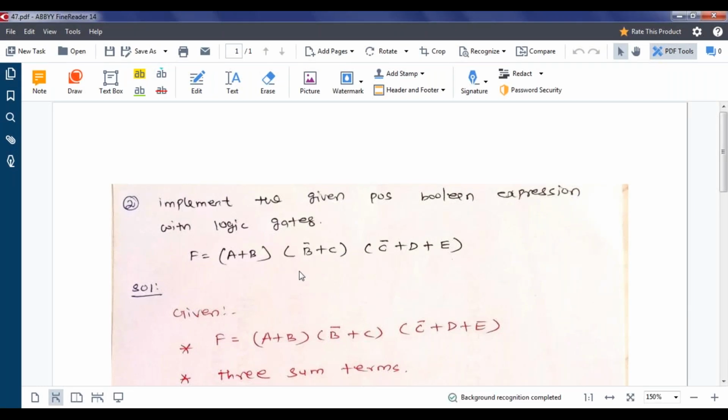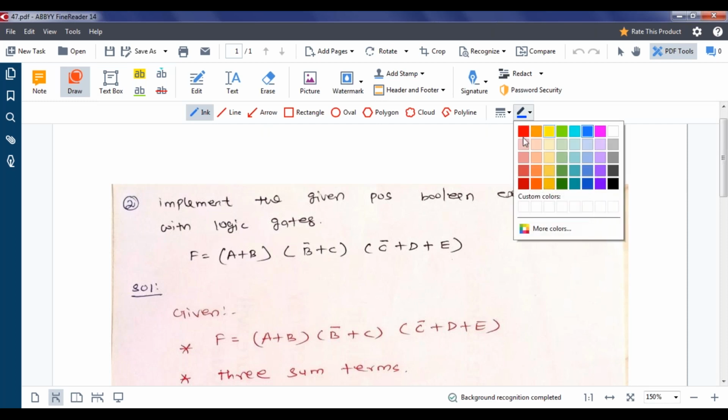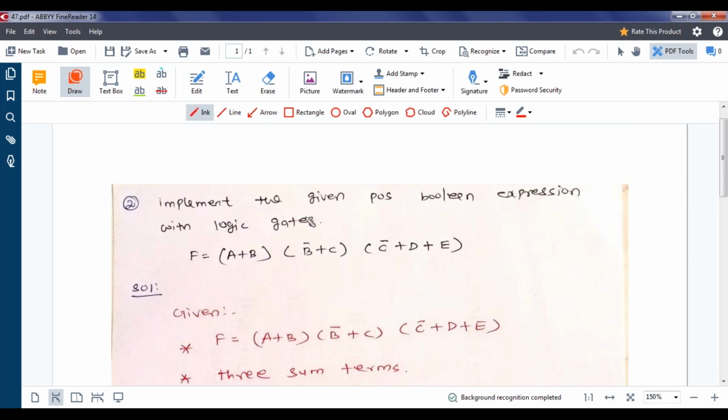Okay, take the next problem. Implement the given POS Boolean expression with the logic gates. Capital F equal to A plus B, A bar plus C, C bar plus D plus E. So this is the given Boolean expression.